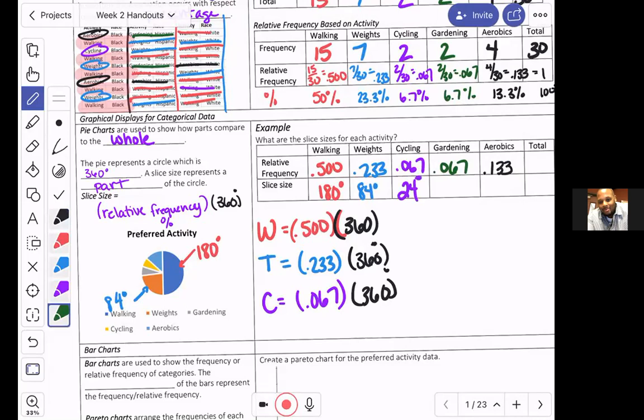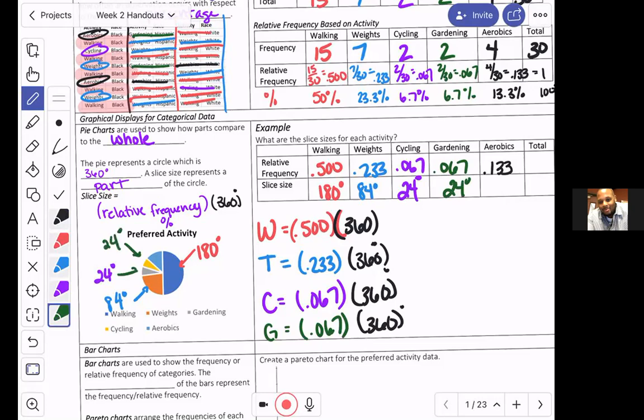And that also means gardening is also what? 24 degrees. So that's 0.067 times 360, which is also 24 degrees. So cycling and gardening are both 24 degrees.